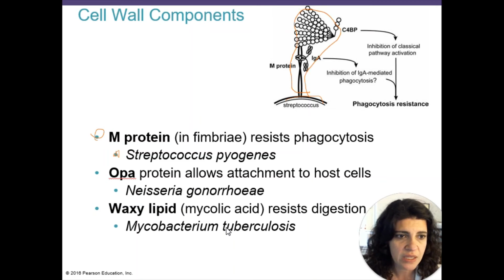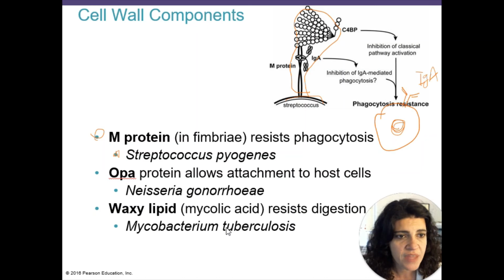And one thing that they do is block IgA mediated phagocytosis. So the phagocyte is here. The phagocyte is much bigger than the bacteria, but I'm not going to be able to draw this really well. And the phagocyte has an IgA on the surface that came from a lymphocyte, so this would be an IgA.